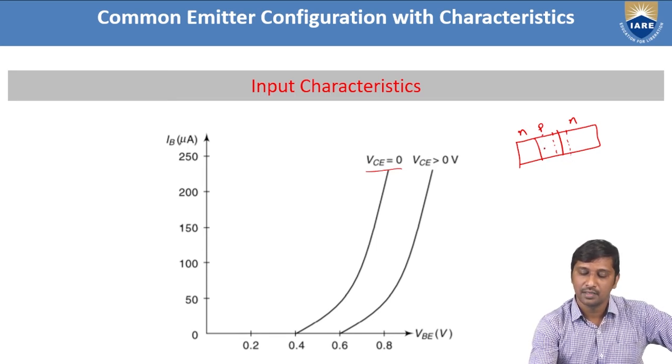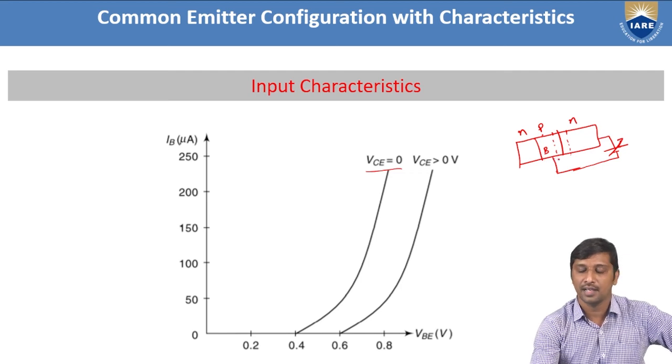The base acts as the input, and between base and collector we apply reverse bias, so N is connected to positive with respect to the base. As VCE is increased from 0, the reverse voltage increases, so the depletion layer also increases. Based on the doping levels, more of the depletion region penetrates toward the base compared with the collector.